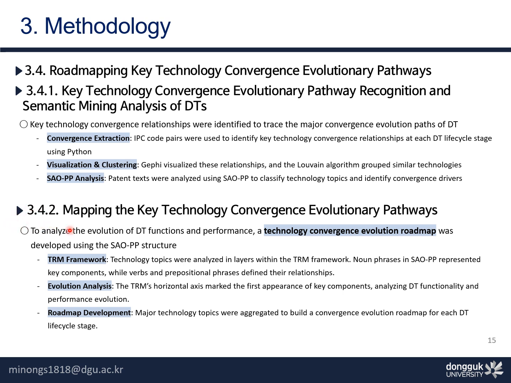The TRM framework analyzed technology topics with the evolution of DT functions and performance mapped along the horizontal axis. The roadmap was developed by aggregating major technology topics to show convergence evolution across the DT lifecycle stages.